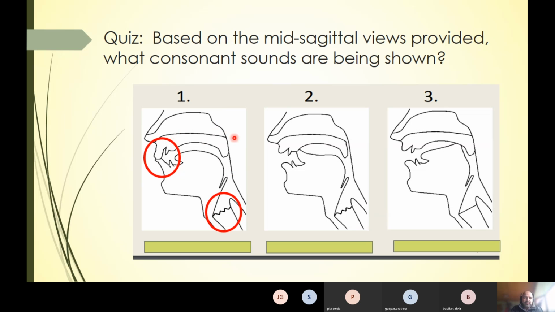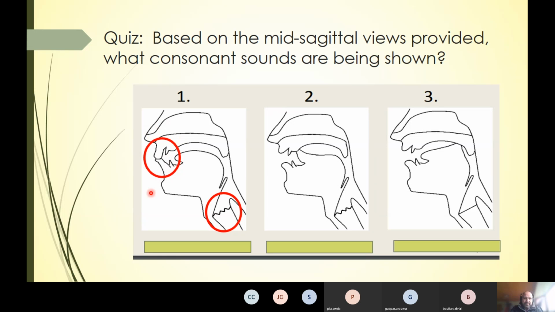Maybe you could also pay attention to this area and compare it with the other 2 images. If you compare this area with this one, and also with this area representing the vocal folds or vocal cords, which type of sound is produced here?